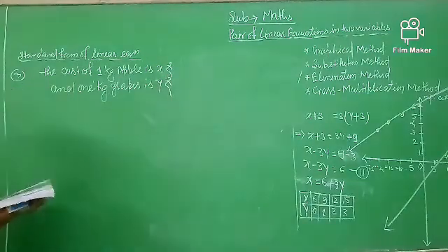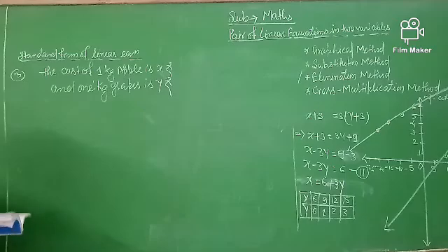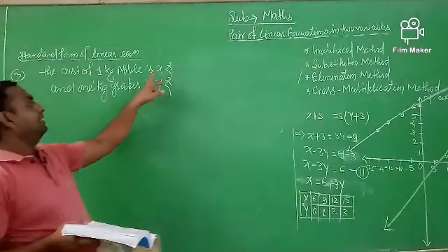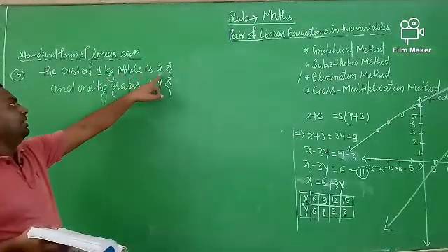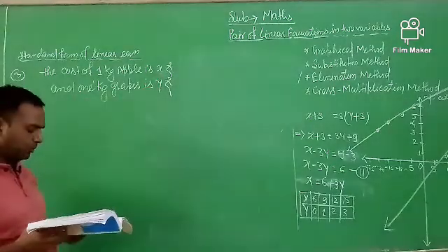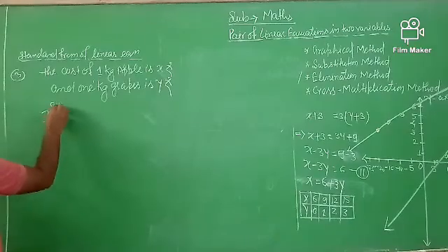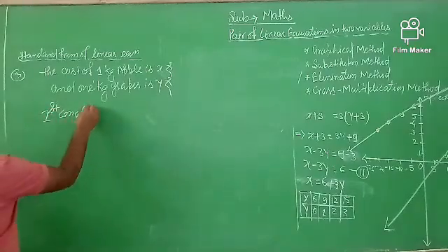So for the price of 1 kg apple is x rupees and for the grapes it is y rupees. So according to the first condition, the first condition is given.